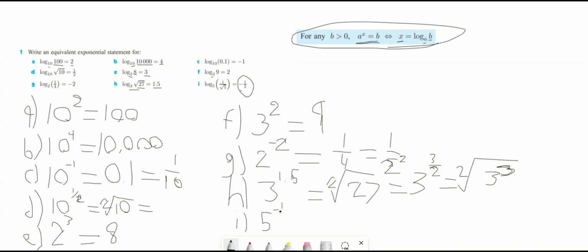So it's root 5 to the power of negative 1 over 2, and then equals 1 over root 5. And this again makes sense because it's a reciprocal, and because it's 1 over 2, the bottom was the power of 1 under root 2. Understandable. So let's get to the next set.